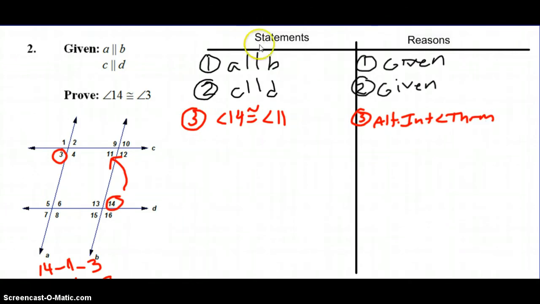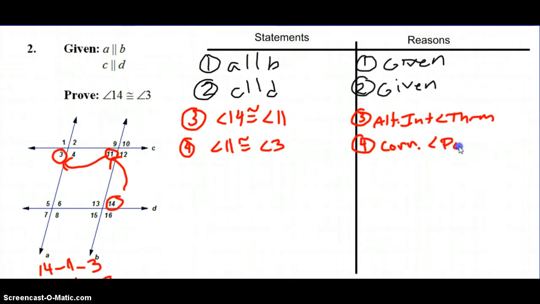Additionally, we know that angle 11 and angle 3 are corresponding angles, and with the lines being parallel, we know that those are also congruent. So my fourth statement is that angle 11 is congruent to angle 3, and that is by the corresponding angle postulate.